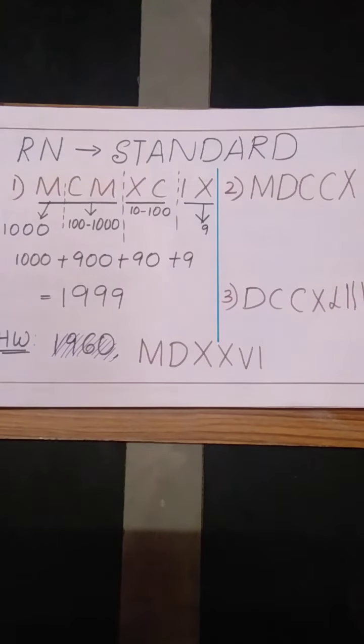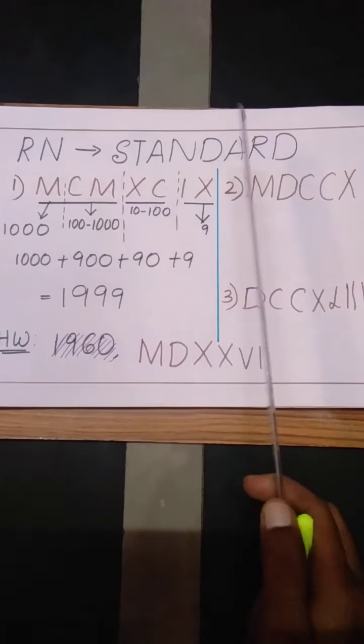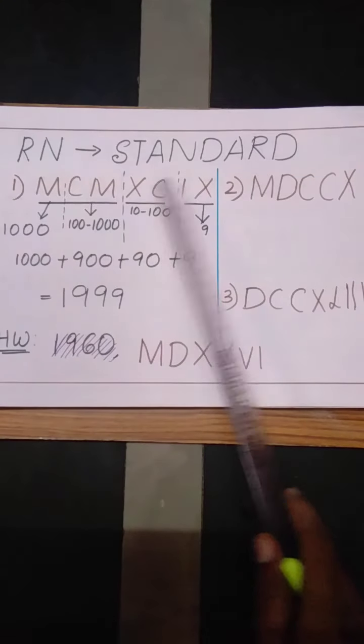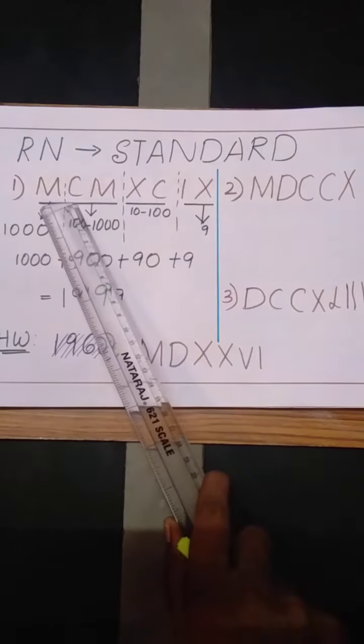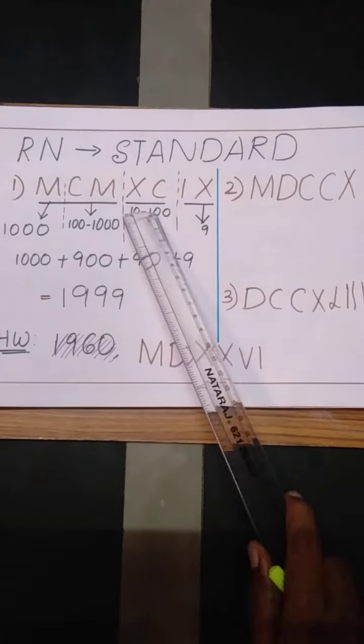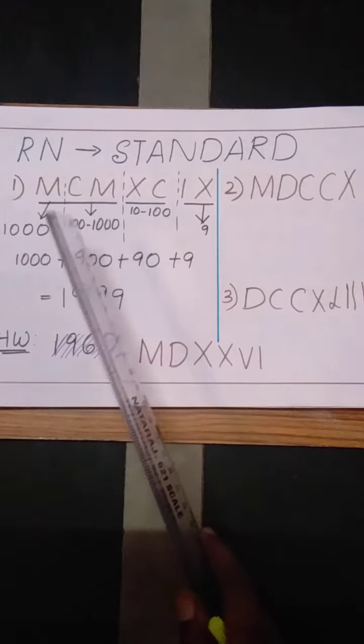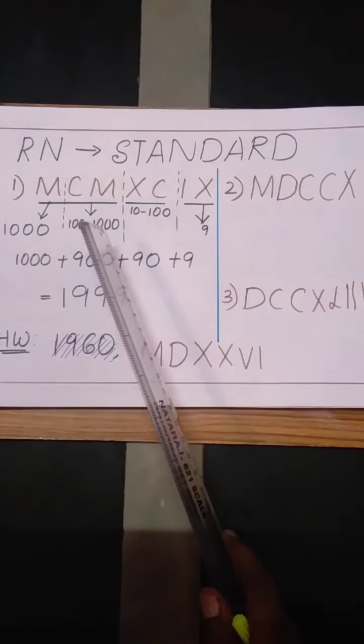Now, how to convert a Roman numeral to standard. I took the example MCMXCIX. What is the standard number for this Roman numeral? Let us find out. First of all, divide into 4 digit, 3 digit, 2 digit and 1 digit.